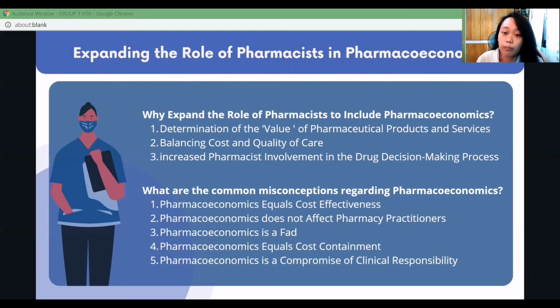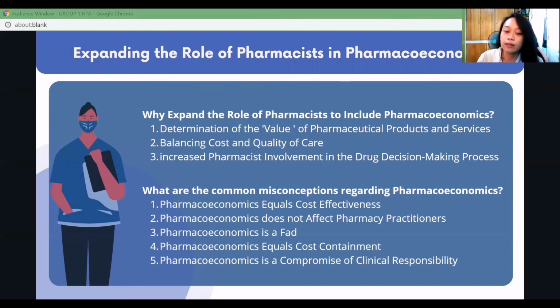One of the types of economic evaluation used in pharmacoeconomics is your CEA or cost effectiveness analysis, cost minimization, cost benefit, cost utility, and using those economic evaluations, we are already assessing the patient's quality of life, preferences, and satisfaction.